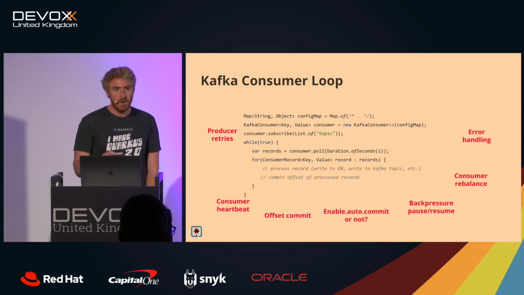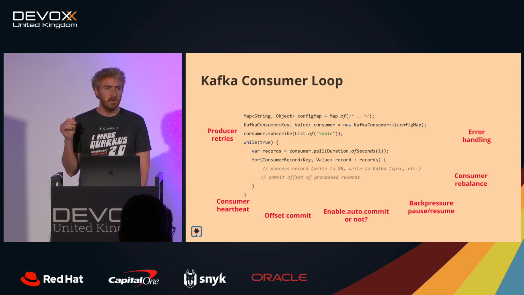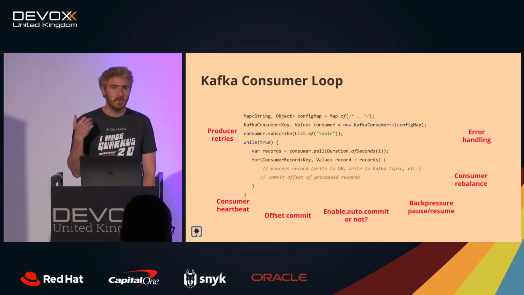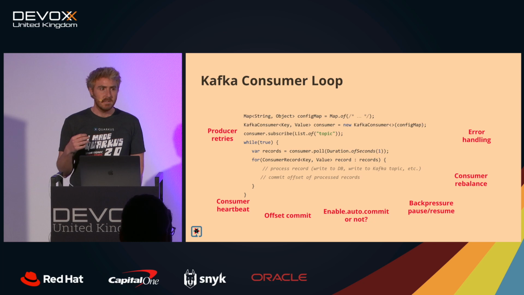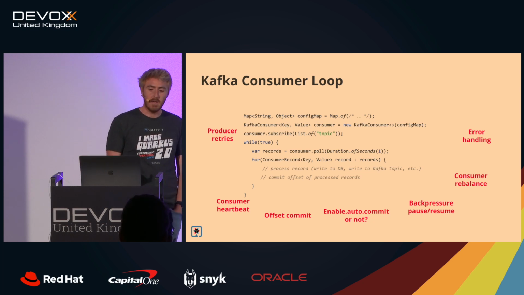There are multiple problems in that kind of Kafka client application. First of all, your Kafka consumer needs to continue calling the polling method, because that's Kafka's way of saying that the consumer is alive.